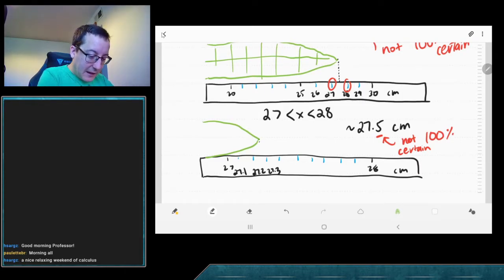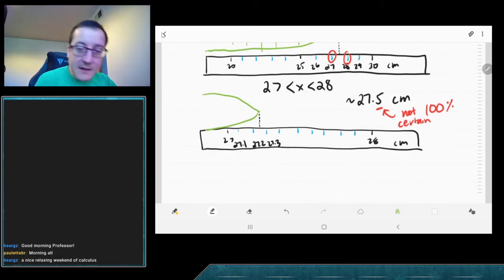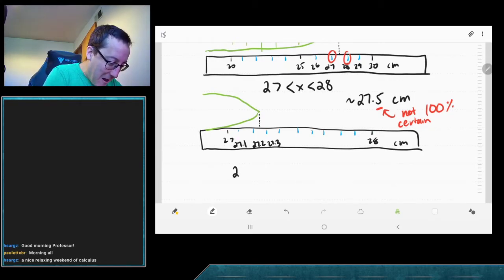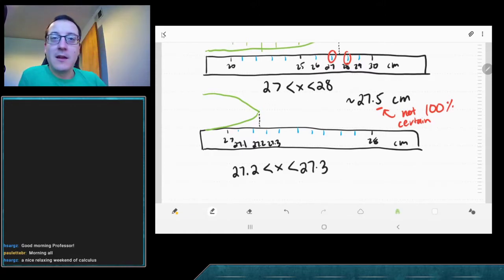We could see that our leaf is going to be, in this case, I've tried to be consistent, but it's super hard to draw these nicely. So, oh well. We know now it's between 27.2 and 27.3, again, because we have these provided for us with our ruler.